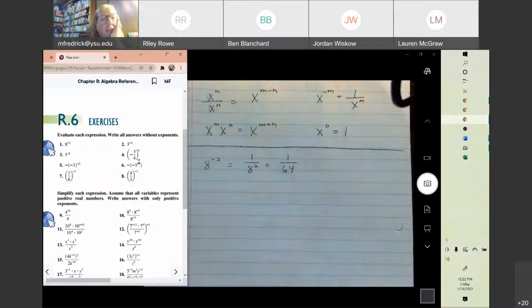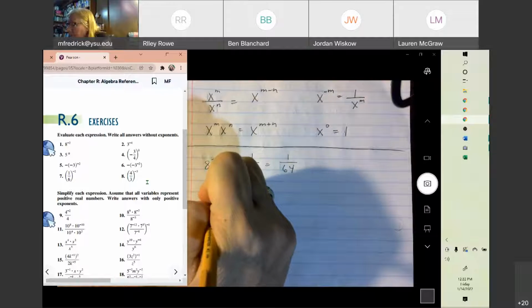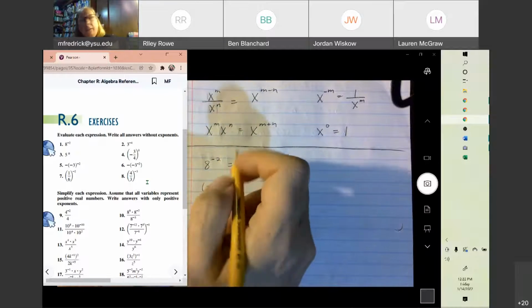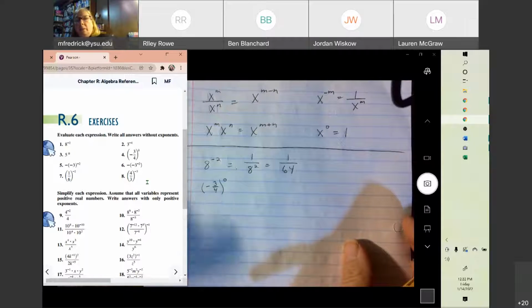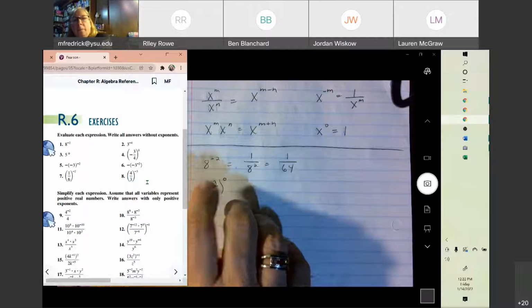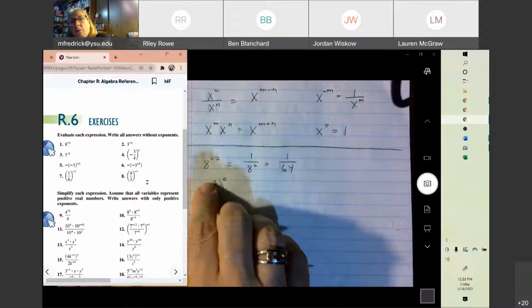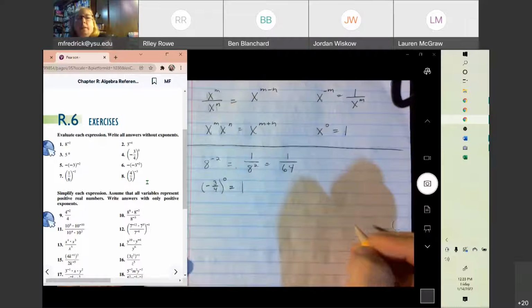Okay, let's try these ones. Number 4, negative 3/4 to the 0. Now, we know that anything to the 0 power is 1. This whole thing is to the 0 power, so this would be 1.